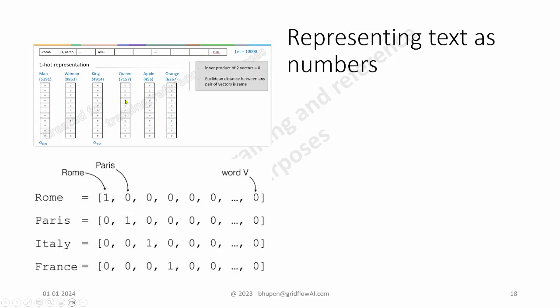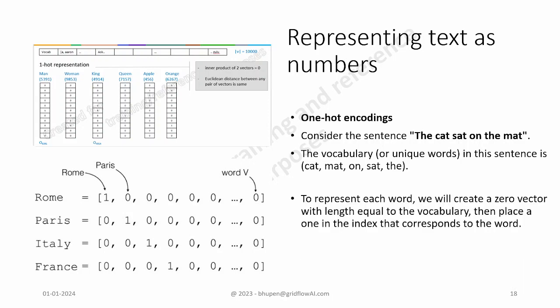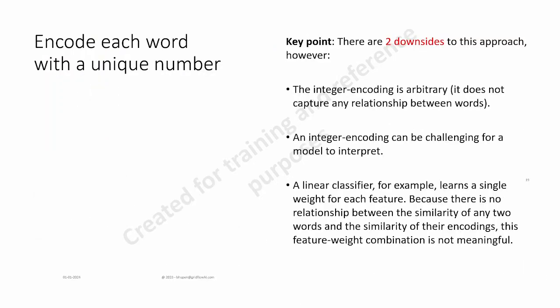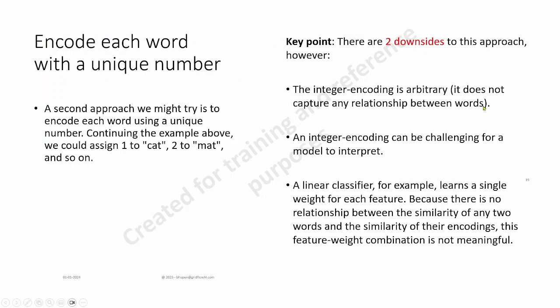And also the distance between any two vectors will be the same, which is not something that we are looking for. So we need a better way to represent the input data. That better method is called embedding. Those are the two downsides of the one hot encoding method.